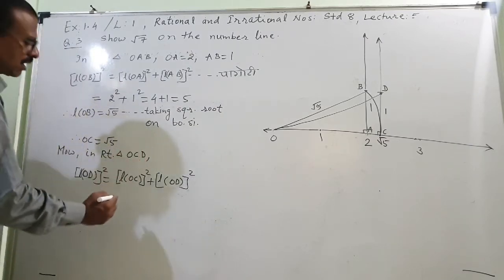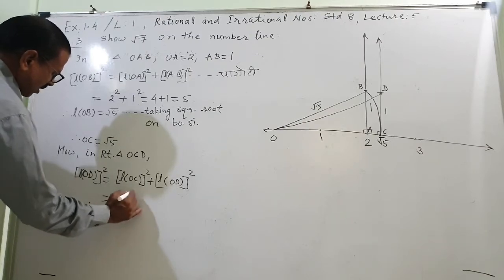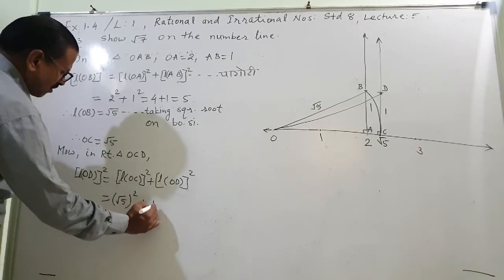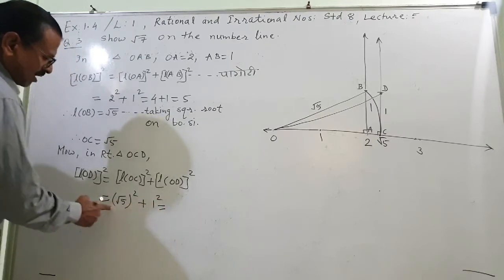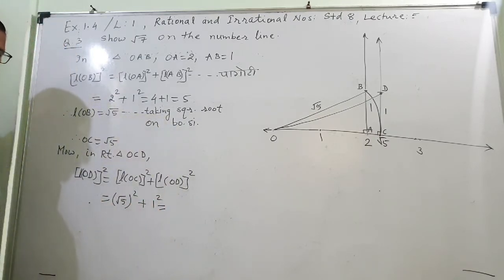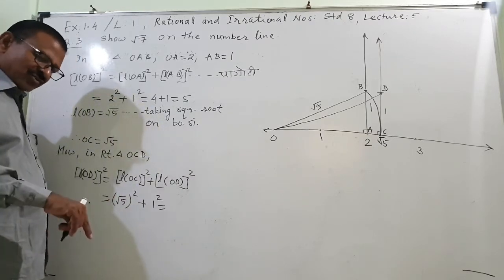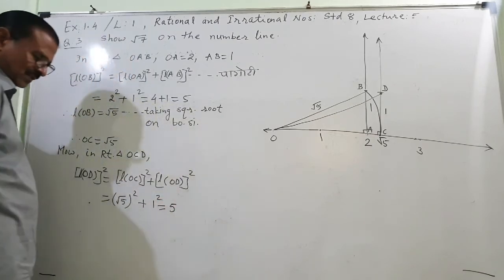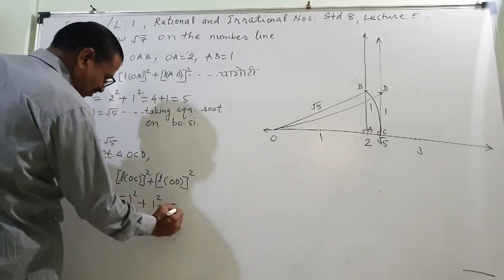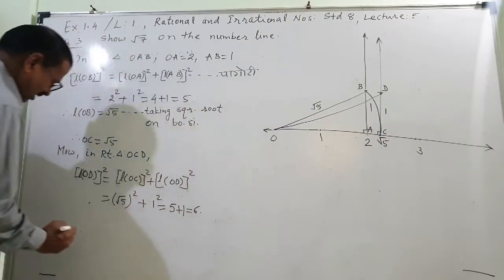Length OC is how much? Root 5, its square, plus CD is 1, its square. Root 5 square is 5, plus 1 square is 1, and that is equal to 6.